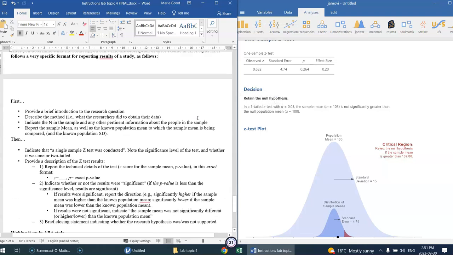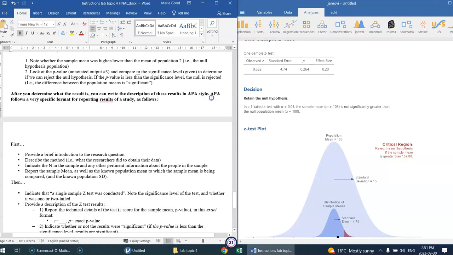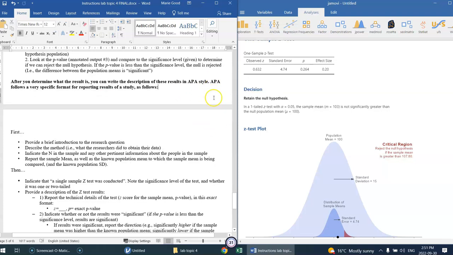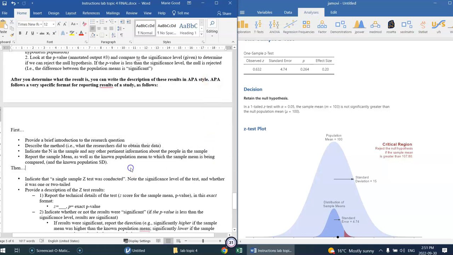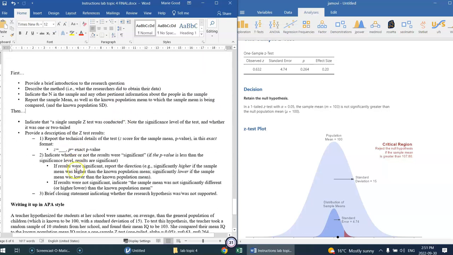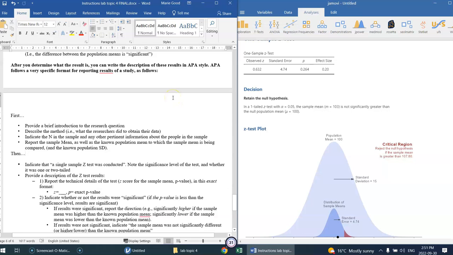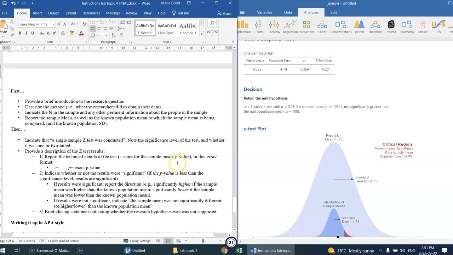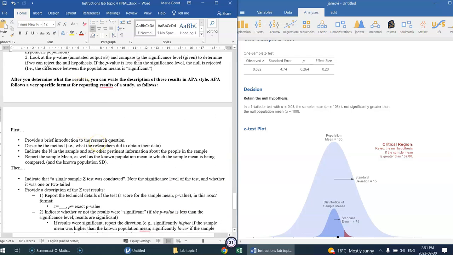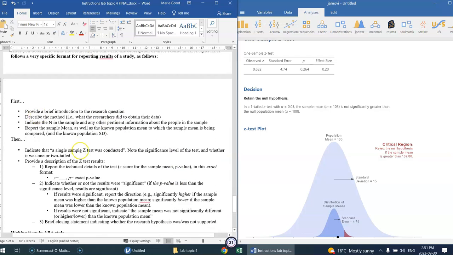You'll see as we go through the rest of the semester that I'm almost always going to have you write up the results in APA style. And the format is very similar for all of the different tests, but there's more details that you have to add as the tests get more complicated. So what I'm providing you here is very simple, and you'll see this same basic format in the future, just with expanded details.